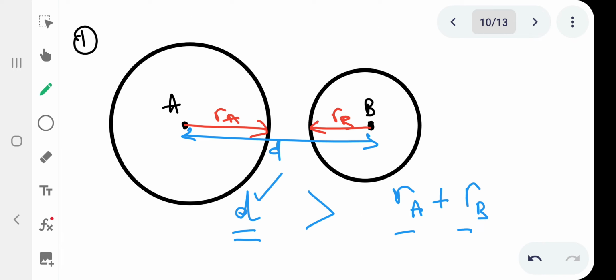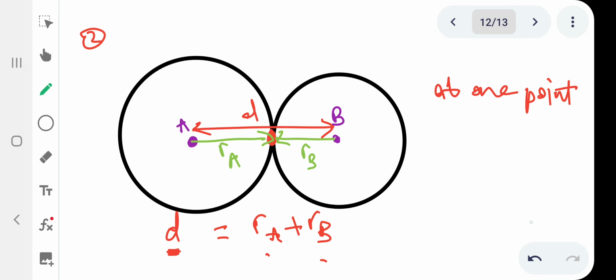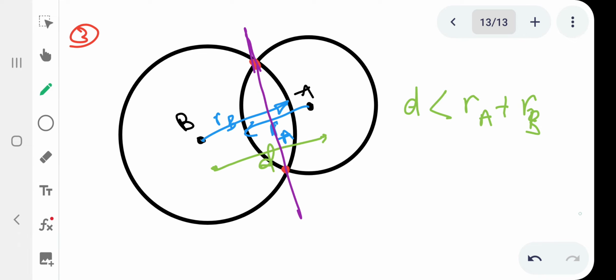In scenario number 1, if they don't intersect, it means the distance between their centers is greater than R1 plus R2, or RA plus RB. If they intersect at one point, the distance is equal to the summation of the radii. And if they intersect at two points, then the distance is less than the summation of the two radii. So the follow-up question: calculate the equation of the line connecting the two points of intersection, right?